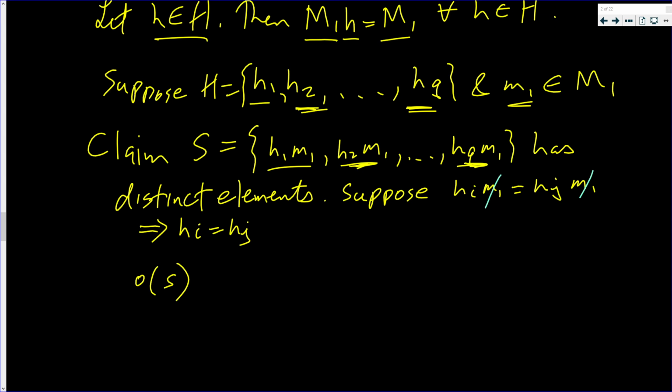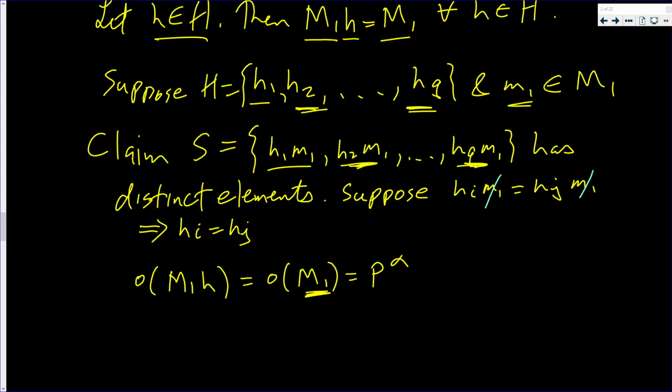Well, let's not do that. What is the order of M1? Well, this is equal to the order of M1, which is p to the q. Remember, these capital M's all came from script M, and script M only contained subsets of G of order p to the q.